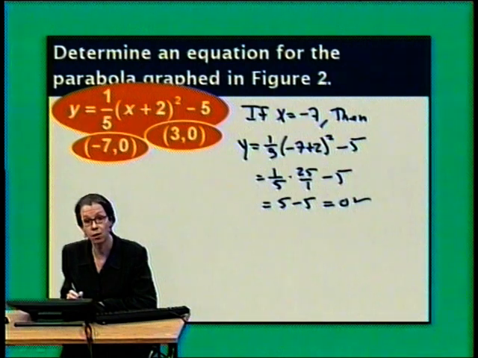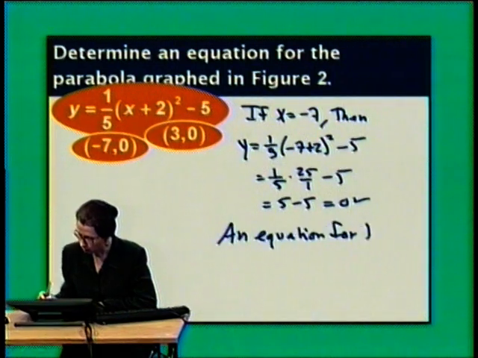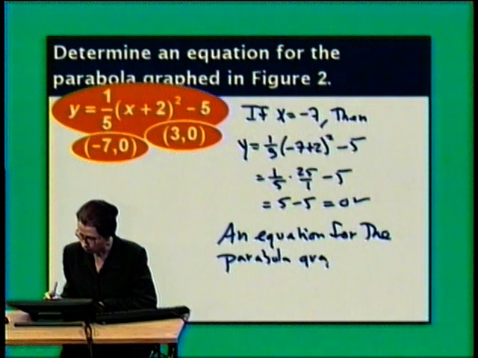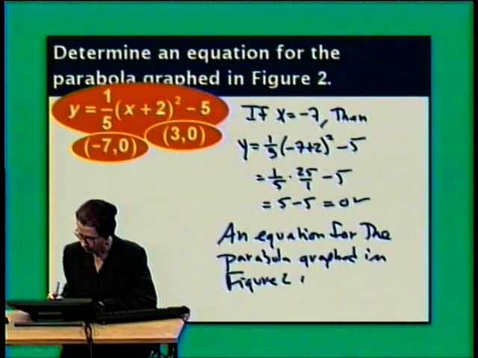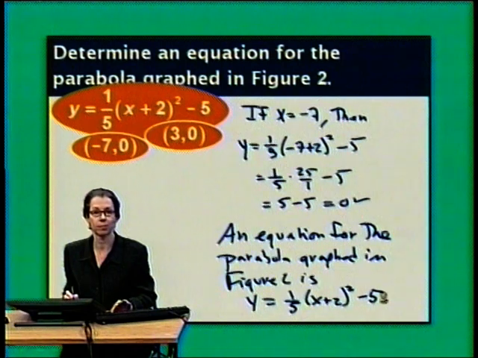So that second horizontal intercept also satisfies the equation. So I can conclude that an equation for the parabola graphed in figure 2 is y equals 1/5 x plus 2 quantity squared minus 5.